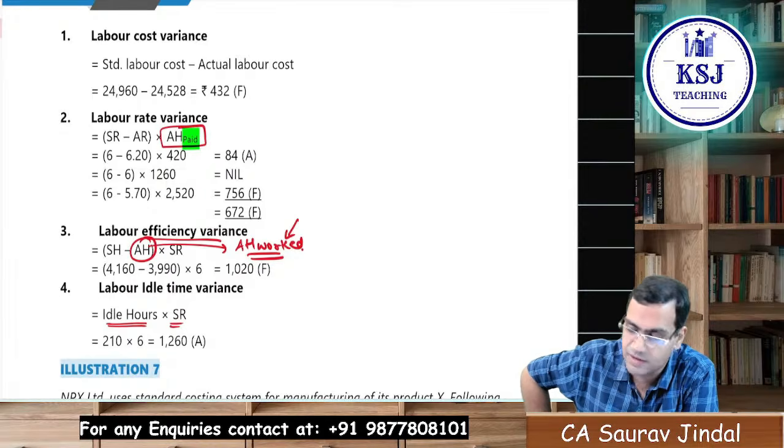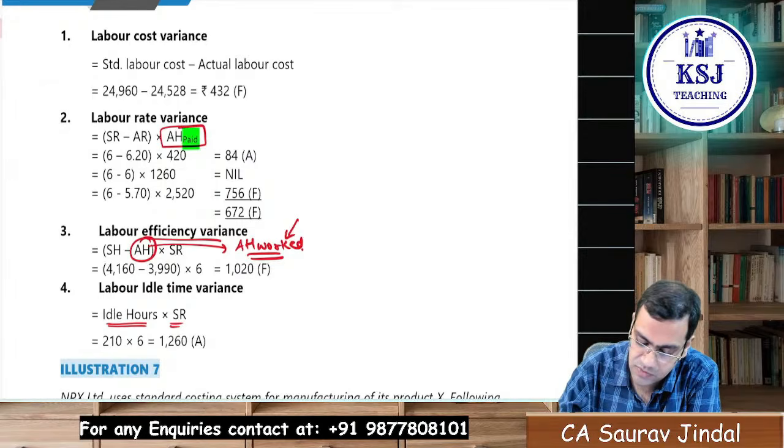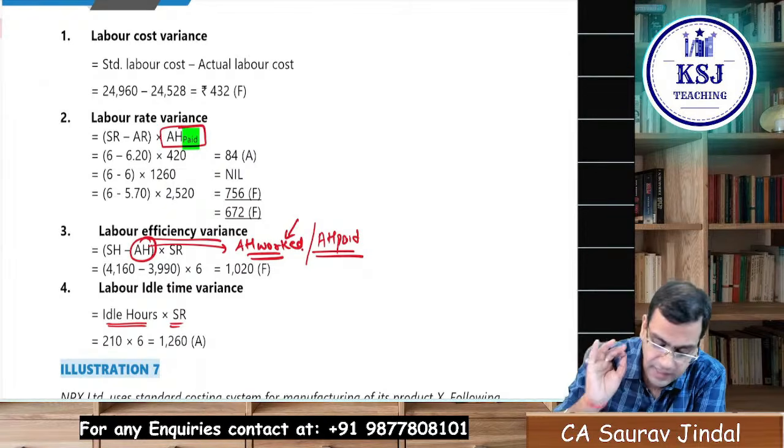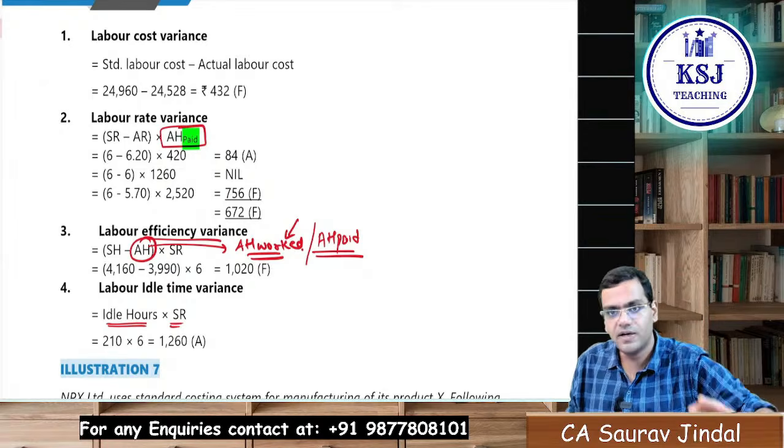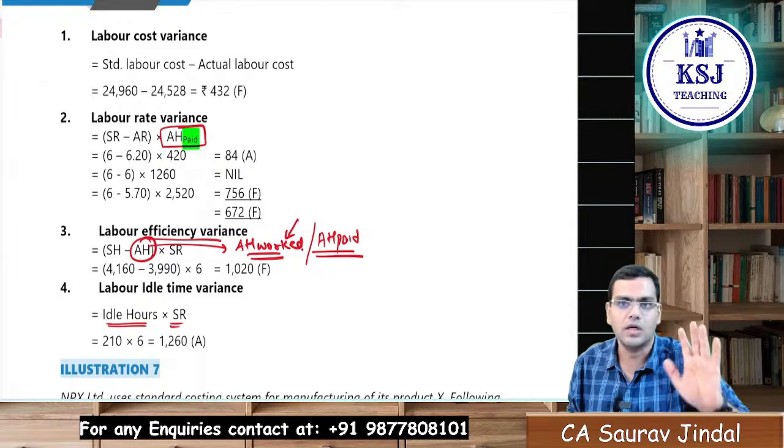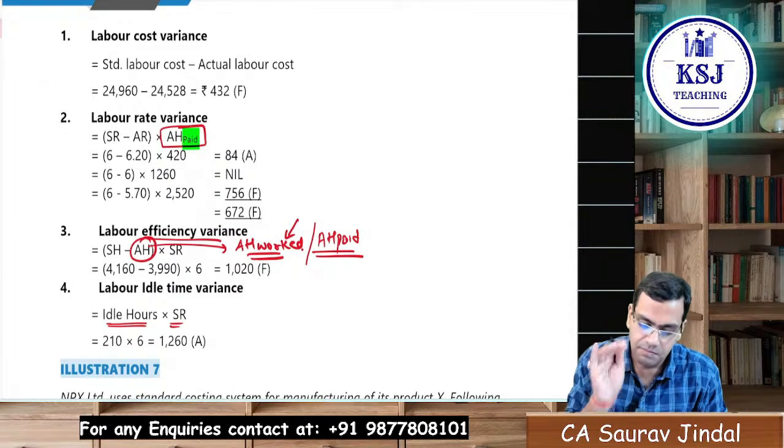So you have to be clear with this. This is what the institute takes. Here we can take actual hours worked or actual hours paid, but if the actual idle time is there, the institute solves it by actual hours worked. So please be careful here.